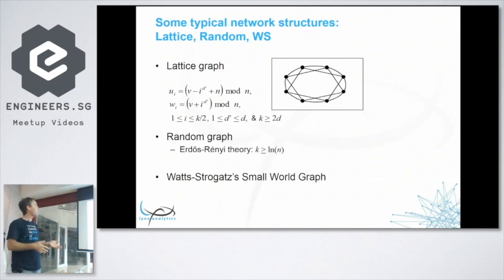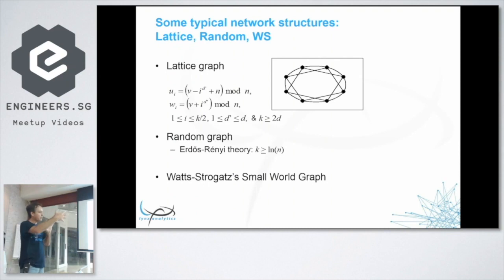Or if I defined a 2-dimensional lattice graph with a degree of 4 and a lot of vertices, it would be just like a grid. Right? It would look like a 2-dimensional, beautiful grid.